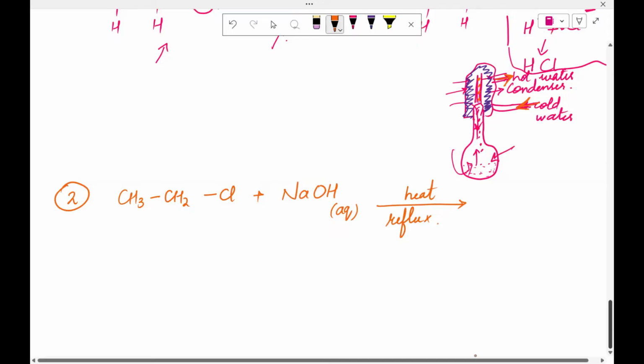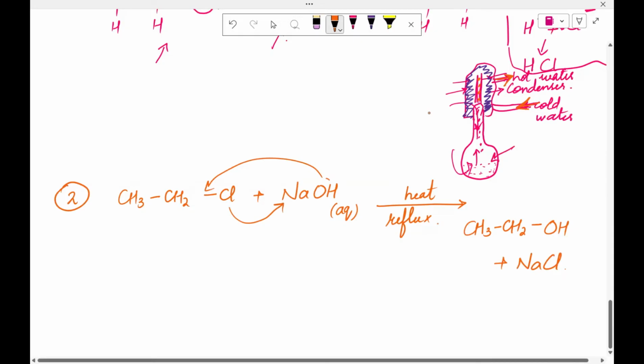So what is going to form? This OH is going to react at this place, and Na would be reacting with this Cl. So it would be forming CH3, CH2, OH plus NaCl. Is that clear?